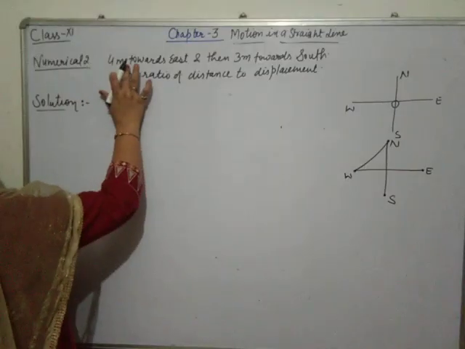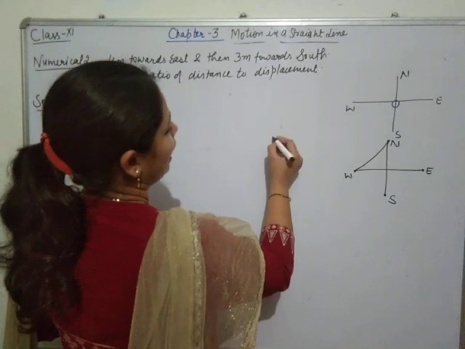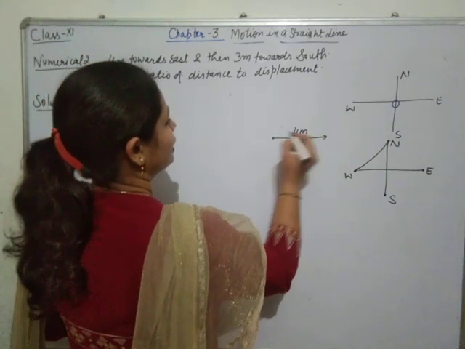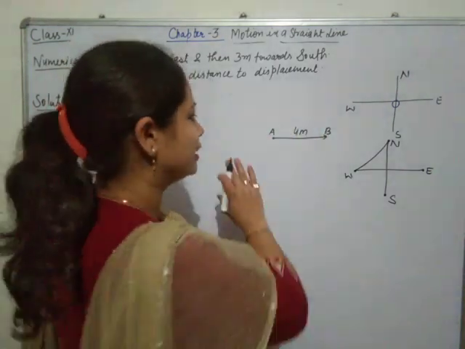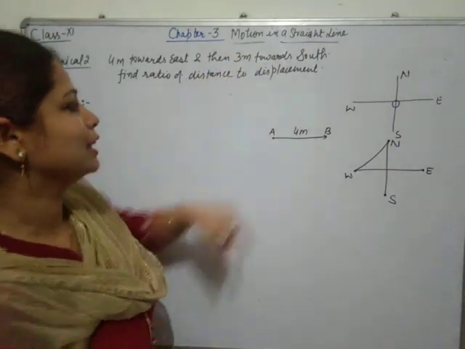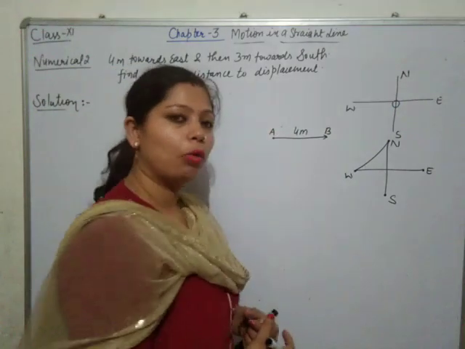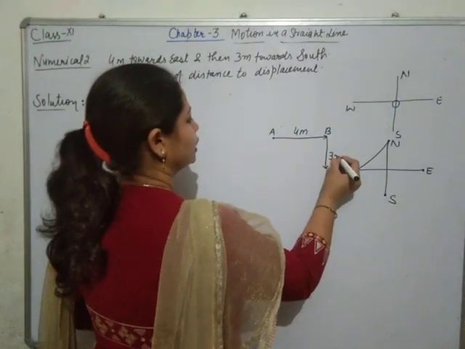It has covered 4 meter towards east. East means towards right. We can consider any point as a reference point that is covering 4 meter towards east. Let it be from A to B. From A to B towards east, the body has covered 4 meter. Then 3 meter towards south. South is in downward direction. Now at that moment the body is at point B, covering 3 meter in downward direction.